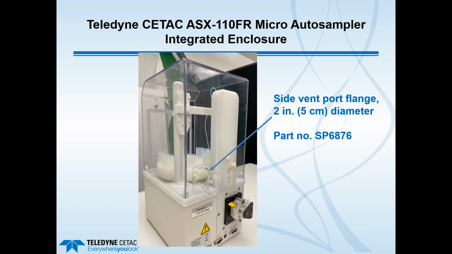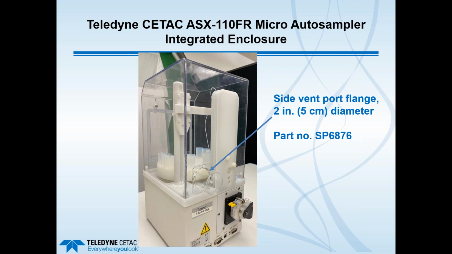So I did mention in the benefits slide about the venting option that you can have for either the 110 or 112. There is a side vent port with a 5 centimeter diameter that you can attach to the integrated cover. And if you needed to remove acid vapors to a vent, you can acquire one of these side ports.